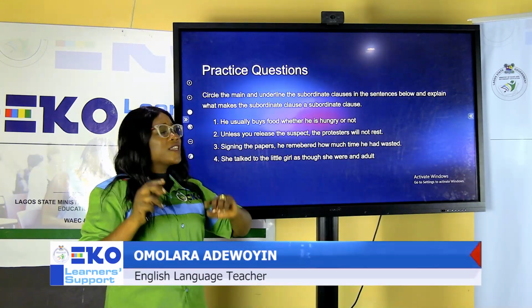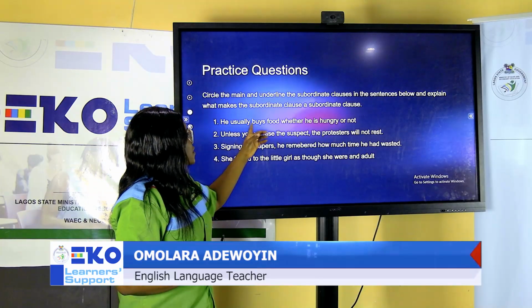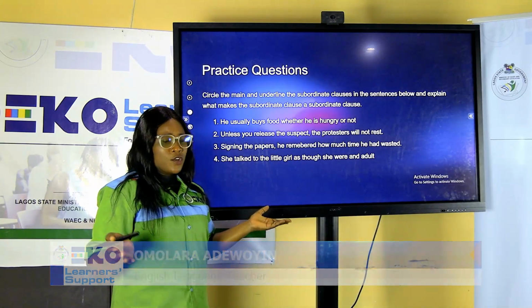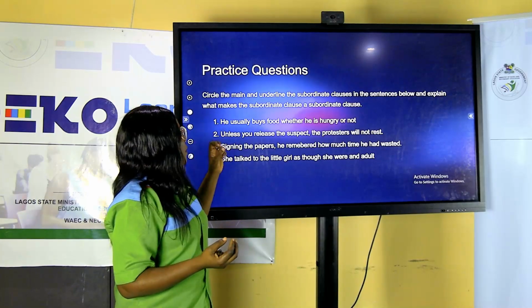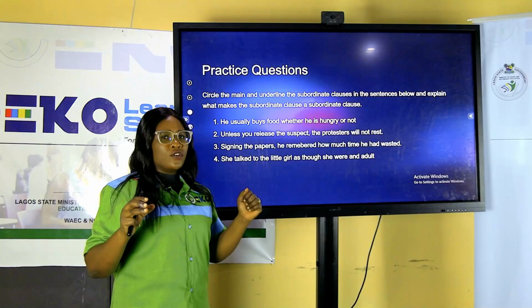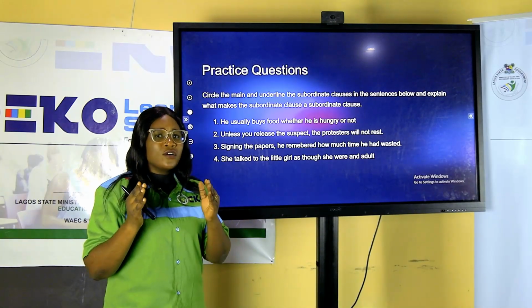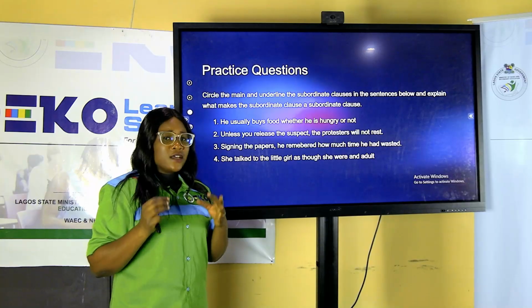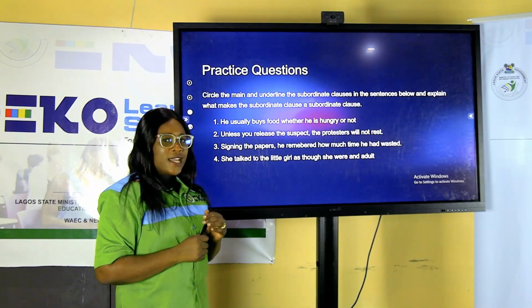So you're going to go ahead to explain what makes the subordinate clause a subordinate clause. So after you have circled your main clause and you have underlined your subordinate clause, look at your subordinate clause and go ahead to explain what makes it a subordinate clause? Now let's do this.